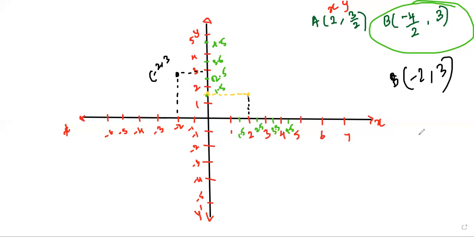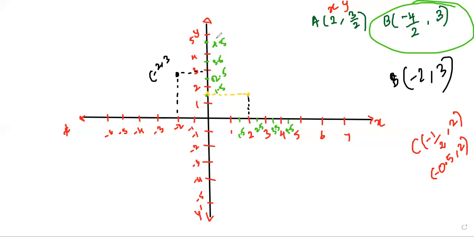Just in case you have C as negative 1 by 2, comma 2. What do you mean by negative 1 by 2? You are dividing 1 by 2, which means it is 0.5. So it is negative 0.5, comma 2, which means you have to mark after 0.